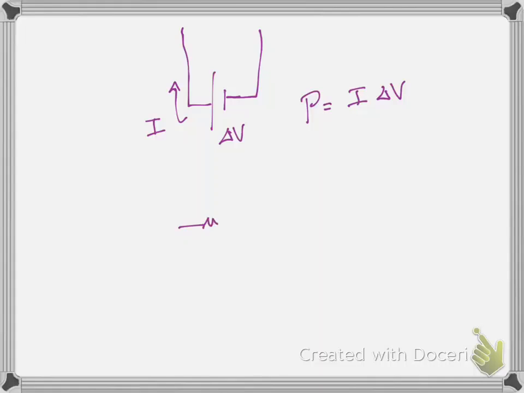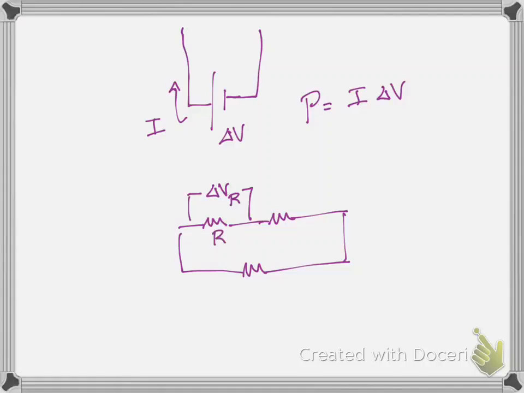If that then goes to a collection of resistors or anything else in the circuit, but let's start with resistors, and each of those resistors has a delta V which is different across it, right? Different from each other resistor. And a current through it, and these currents may be different.